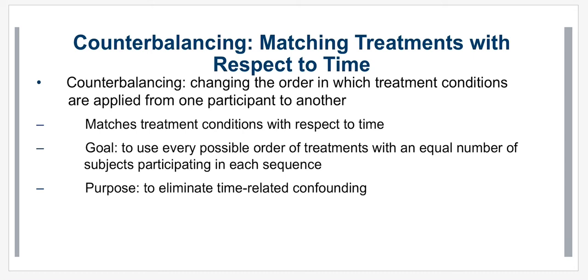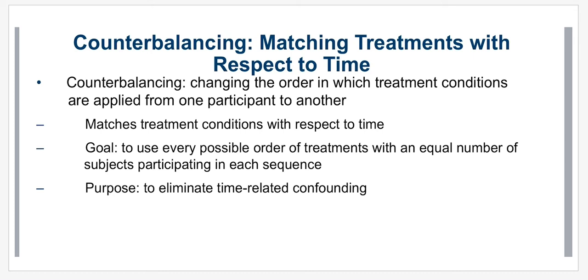Counterbalancing is basically changing the order in which the participants experience the different treatments or conditions or levels of the independent variable, so that they're each experiencing all of them, but in different orders, so that you don't have to worry as much about order effects.